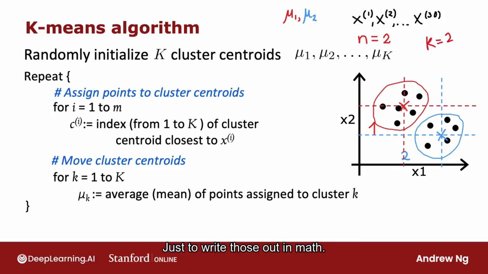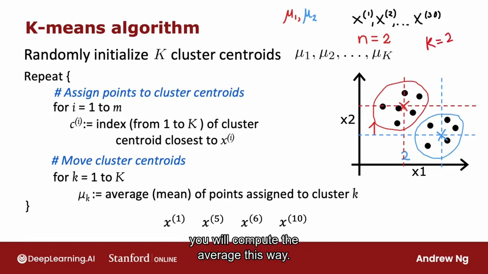Just to write those out in math, if the first cluster had assigned to it training examples 1, 5, 6, and 10, just as an example, then what that means is you would compute the average this way.